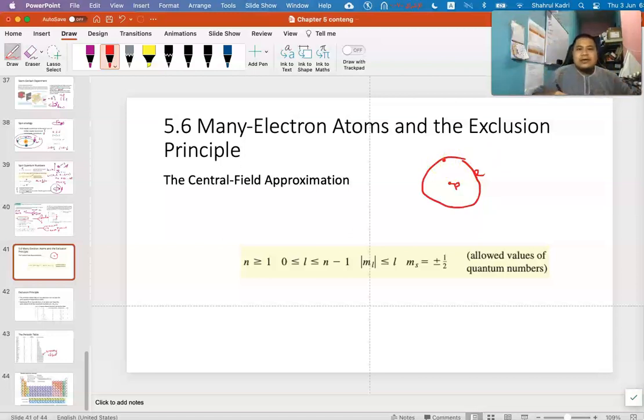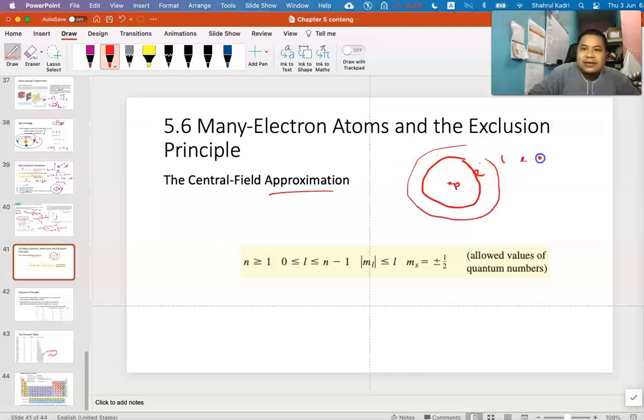This is what we call the central field approximation. Still it is an approximation, not an exact solution, but it is good enough to explain what is happening inside an atom. That was for hydrogen, which is one electron and one proton, the one electron atom.